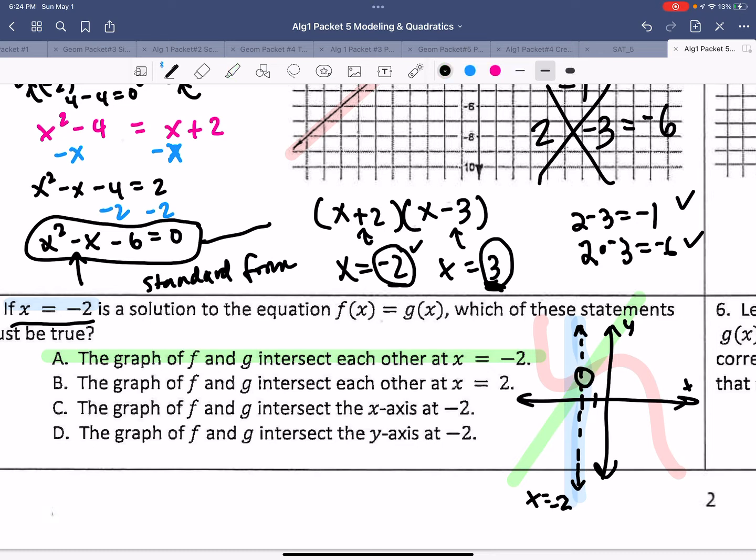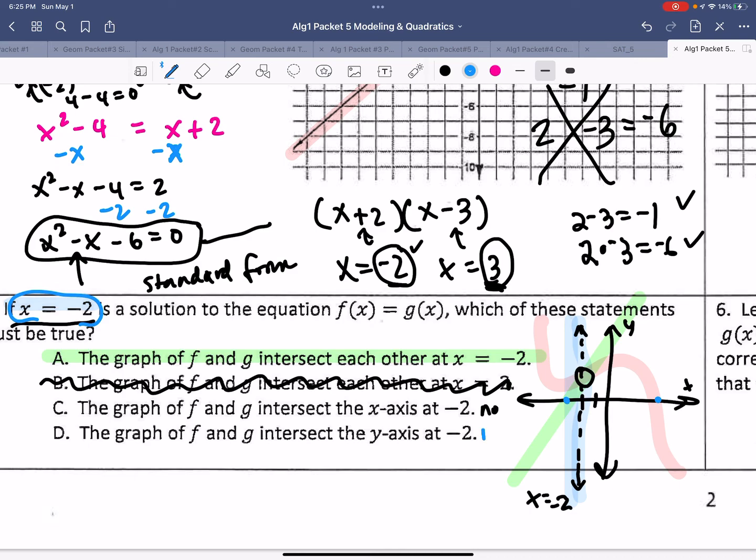That's kind of like what that one's saying. The graph of f and g intersect each other at +2. That one doesn't make sense at all. The graph of f and g intersect at the x-axis. No. So what does that mean? That means we don't know where this is. This is the x-axis. All we know is they intersect at this location.